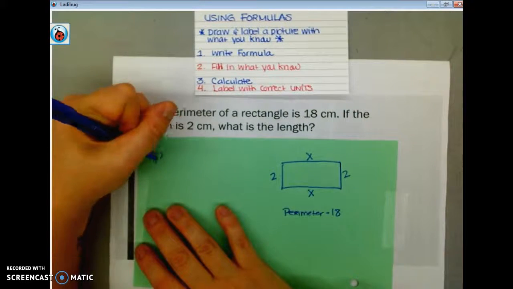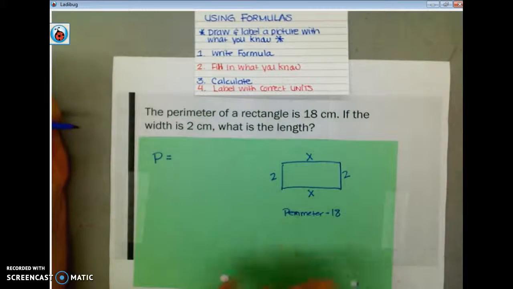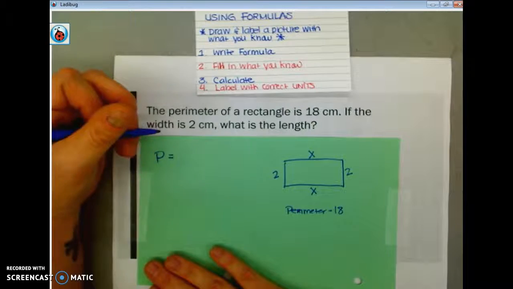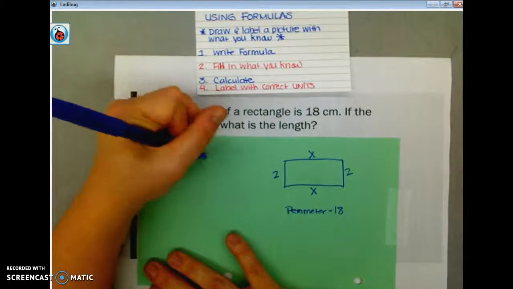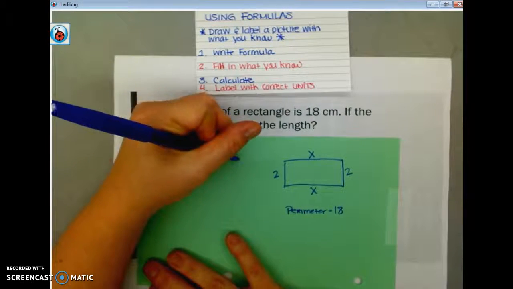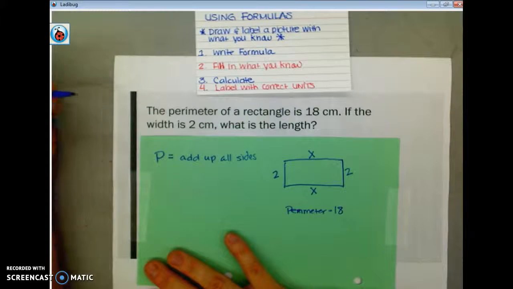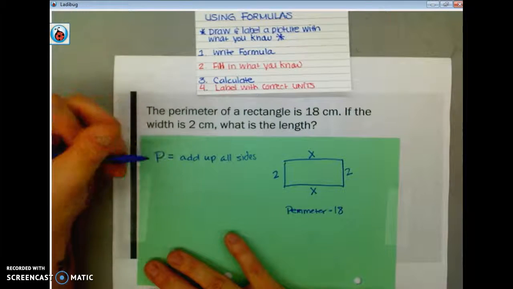So I'm going to take what I did for my picture and turn it into an equation. I remember that perimeter means to add up all the sides. We could use the formula for a rectangle here, but in all honesty, I think it's just easier to remember perimeter is just adding.